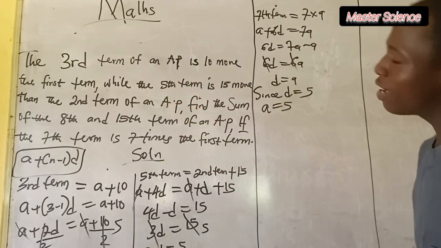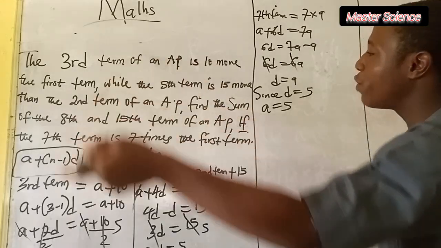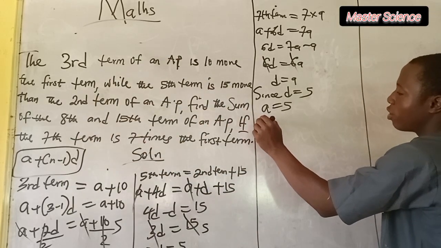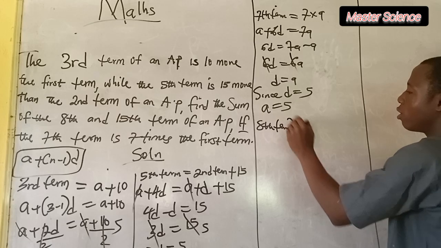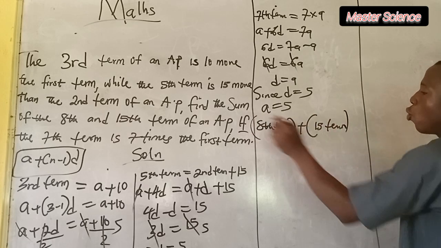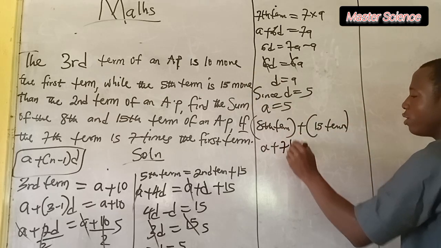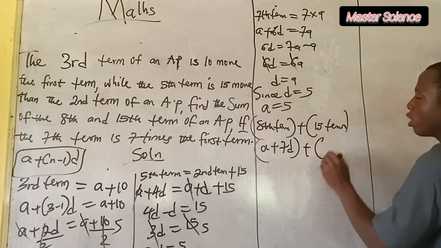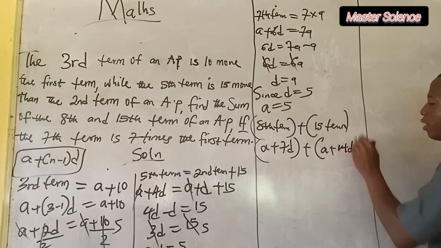So I can now solve. They say I should look for the sum of the 8th term and the 15th term. The 8th term is A plus 7D, since 8 minus 1 is 7. Plus the 15th term, A plus 14D, since 15 minus 1 is 14.